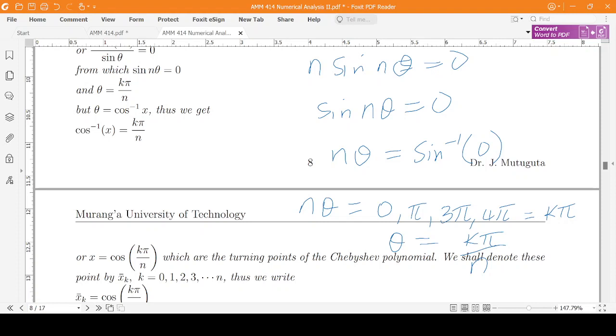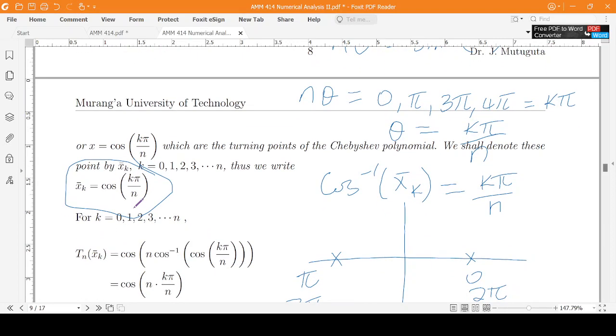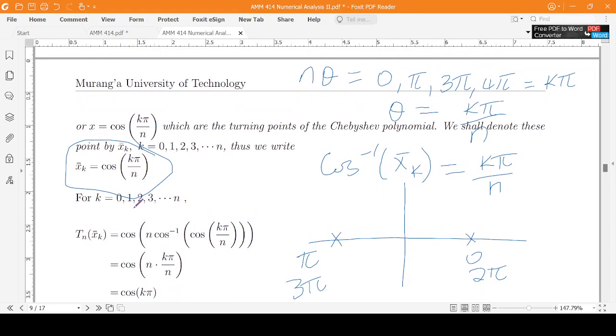But we know, again, theta is cos inverse of x, so we are saying cos inverse of x bar k is equal to k pi over n. And so what is x bar k? X bar k becomes cosine of k pi over n, for k taking the values 0, 1, 2, 3, all the way up to n.